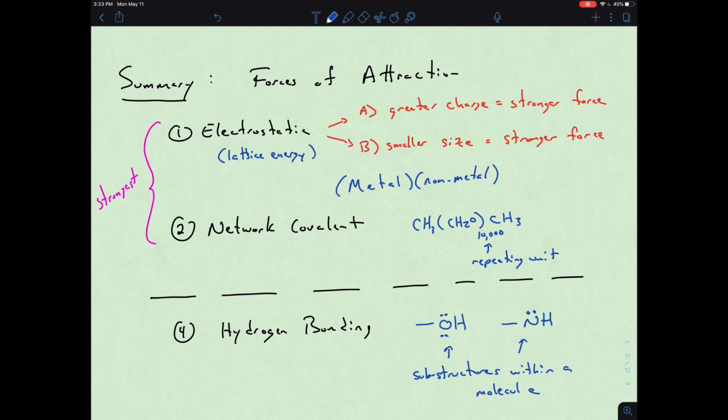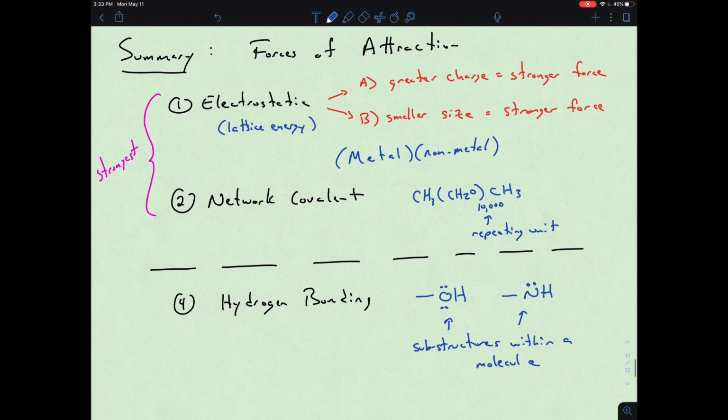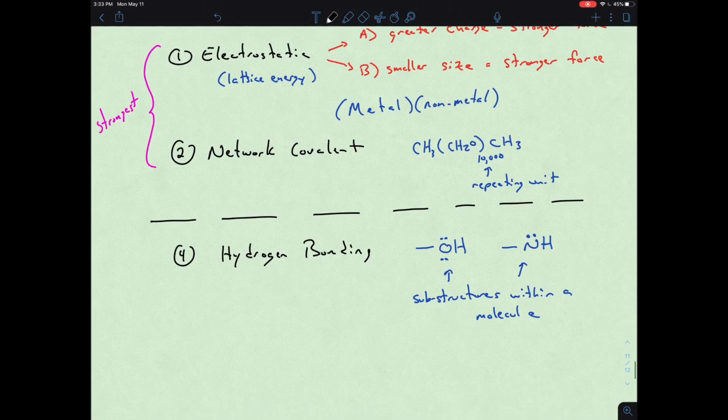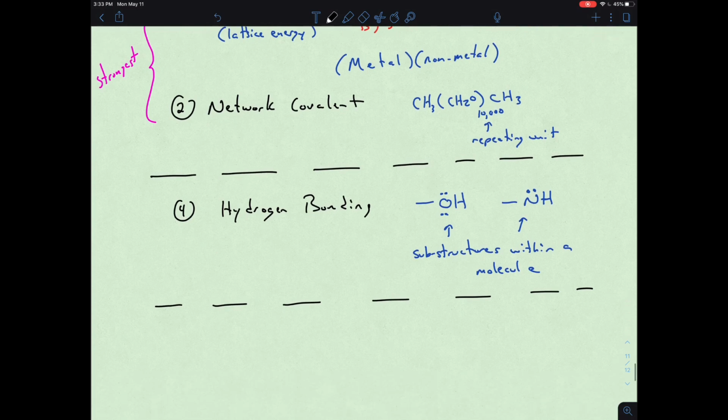Two electrons there on the nitrogen. And hydrogen bonding is stronger than the last two, which would be, sorry, I got my numbering out of order there. Third is hydrogen bonding, so we're number 4 here, which is dipole-dipole.